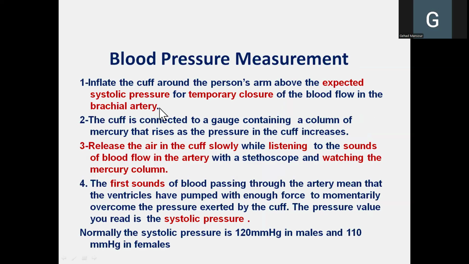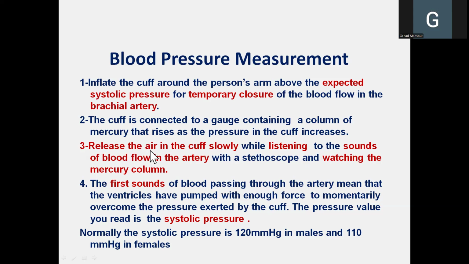When you close the blood flow in the brachial artery, you hear no sound at all. And then the cuff is connected to a gauge containing a column of mercury, as I explained, that rises as the pressure in the cuff increases. After having done this, you start descending. How would you make the mercury descend?